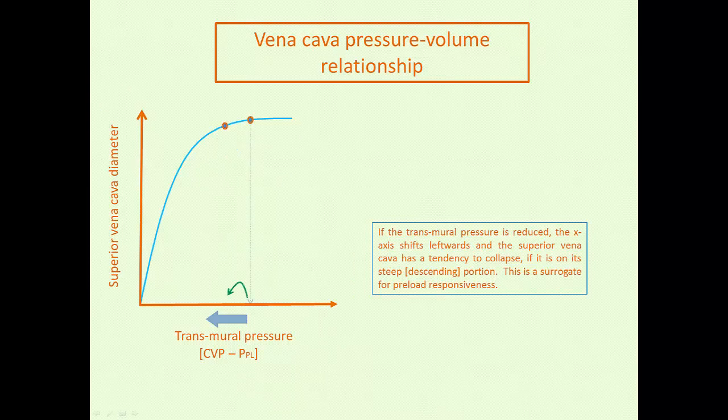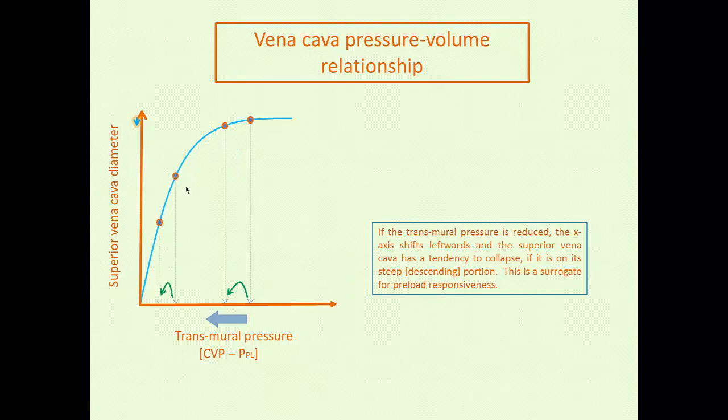So if you're on this portion of your curve, you're not going to see very much collapse at all. The patient's SVC is on the flat portion of their pressure-diameter relationship. This is taken to be a marker, like the cardiac function curve, as being preload non-responsive, and indeed that's what's been found. Patients whose IVCs don't collapse during mechanical inspiration are not fluid responsive.